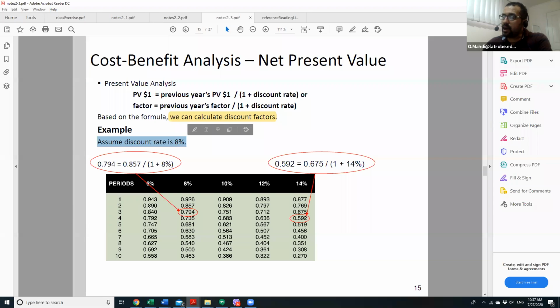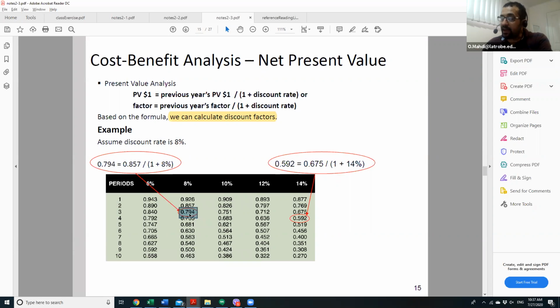These represent the years from 1 to 10, and here this represents the 6% discount or interest rate. Here is the 8% discount or interest rate as well, and so on. Now, if I need to find the present value for year 3, how can we find it?